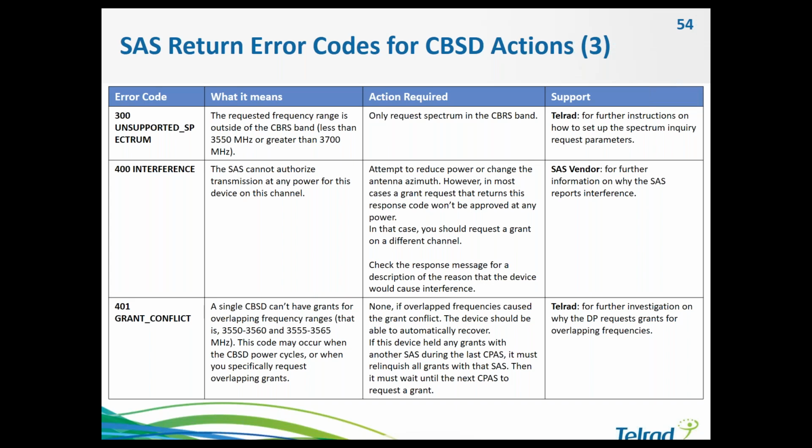So in this case, what we can do is reduce the power or change the channel, or if it is part of the pending process, CPAS or EIRP, you need to wait for it. 401 is grant conflict. It should not happen. If it happens, it will need to be investigated.